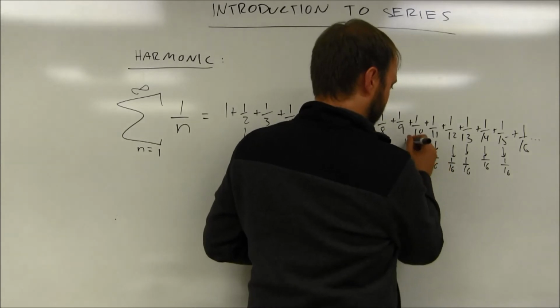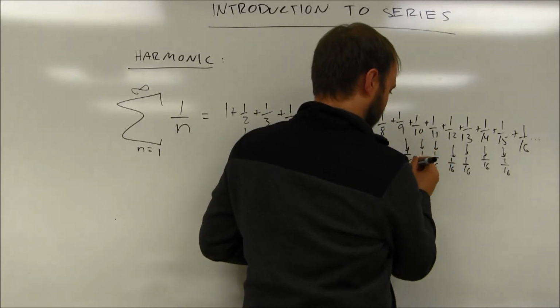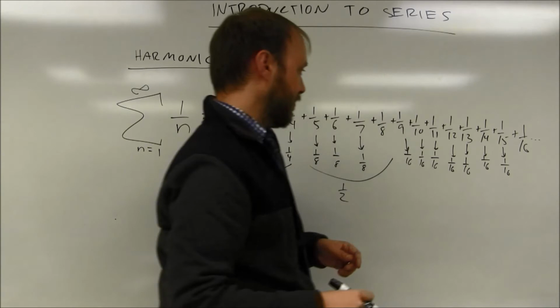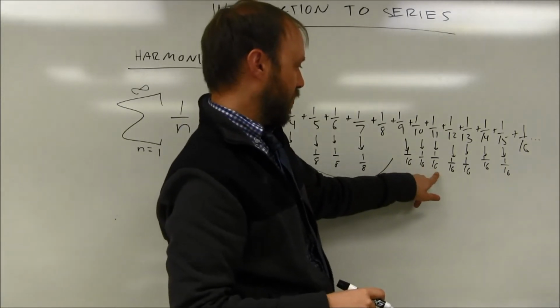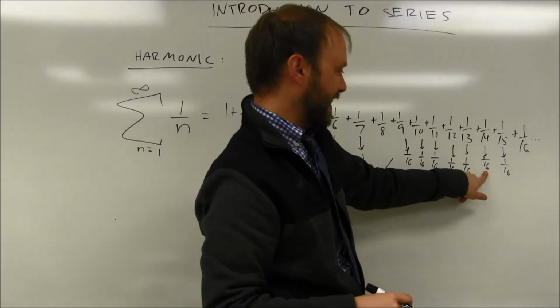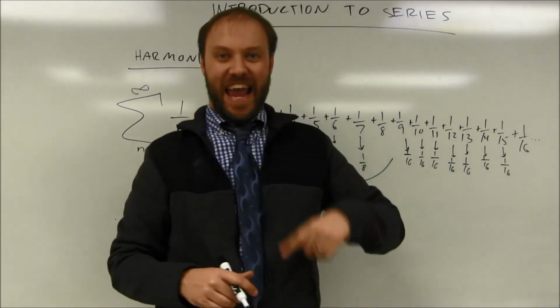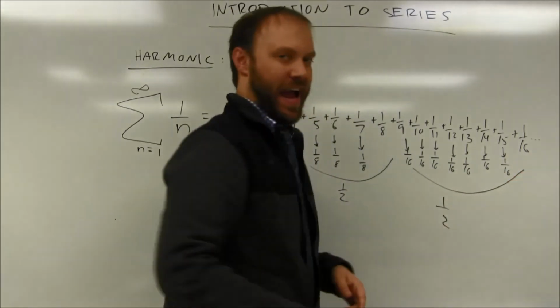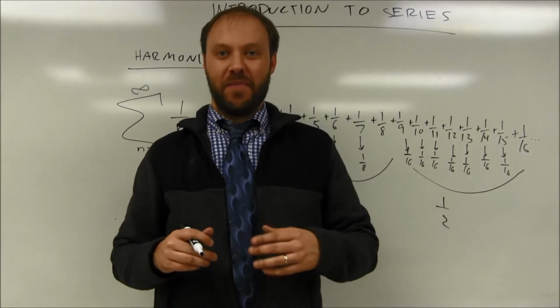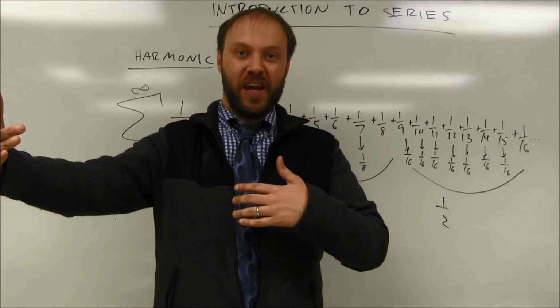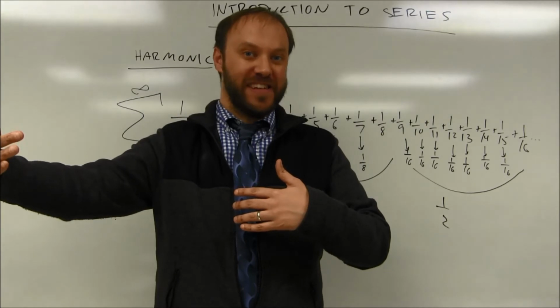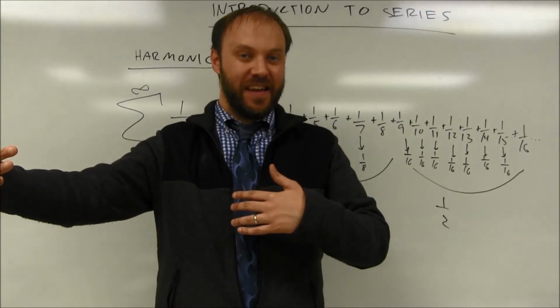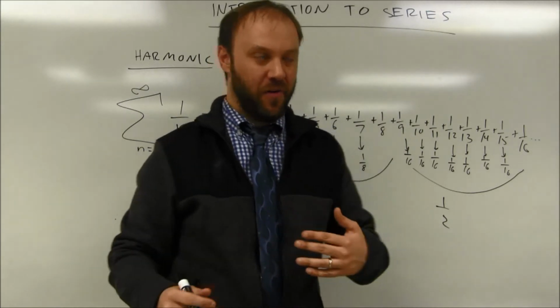If you add this up, I have a total of 1, 2, 3, 4, 5, 6, 7, 8. 8/16, which simplifies down to a half. Okay, I can do the same thing. The next 16 terms, I could replace all of those terms with 1/32. 16 32nds adds up to a half, and so on.